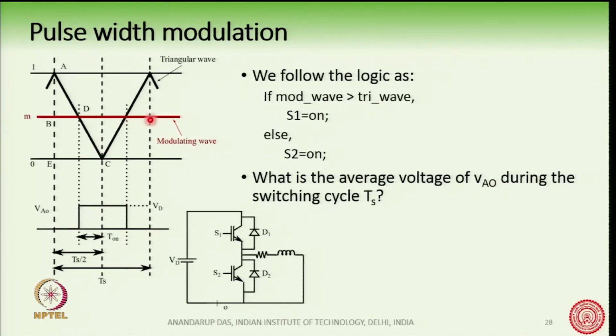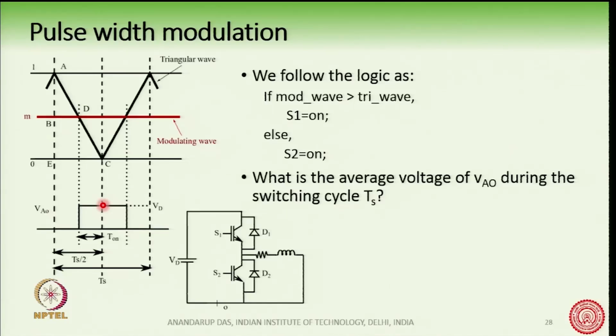The rest of the time, for example here or here, the modulating waveform is less than the triangular waveform, and so I will turn on S2, that is the lower switch, and therefore I will get a 0 voltage here and here.